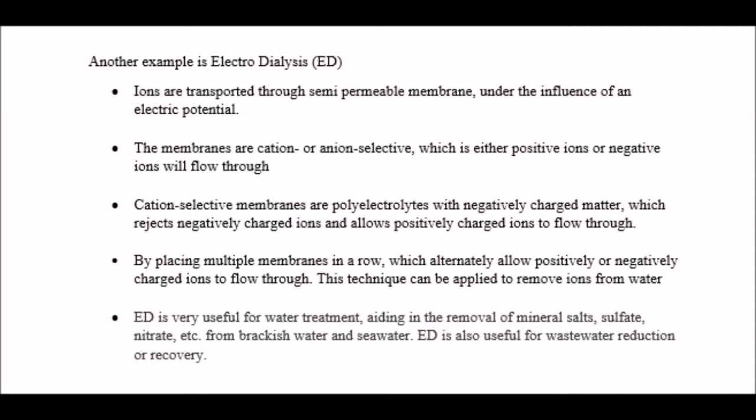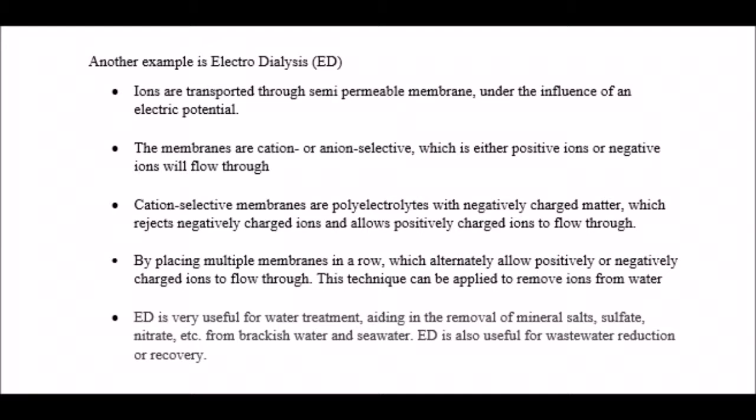Cation selective membranes are polyelectrolytes with negatively charged metal, which rejects negatively charged ion and allows positively charged ion to flow through. By placing multiple membranes in a row, which alternately allow positively or negatively charged ion to flow through, this technique can be applied to remove ions from water.